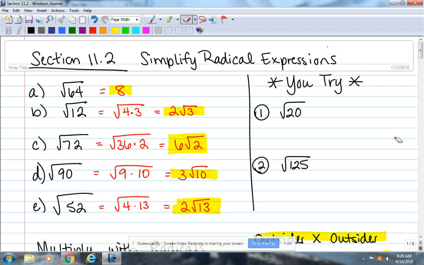All right, when you get your 2 answers, go ahead and check them with somebody, please. Should have radicals in your answers, no decimals.